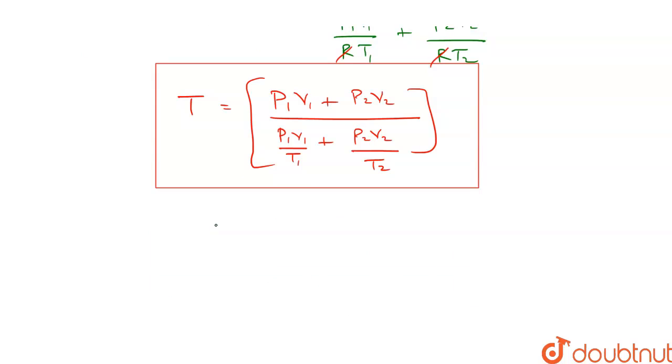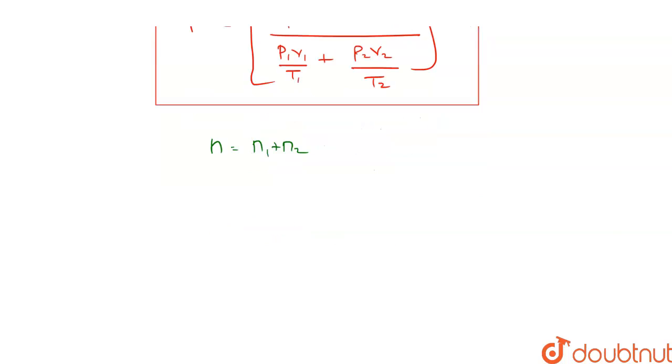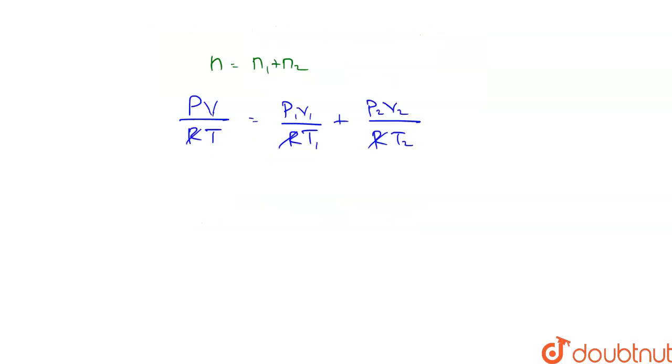Since the number of moles of gas is conserved, we can write n is equal to n1 plus n2. Now n can be written as PV by RT. n1 can be written as P1 V1 by RT1 plus n2 can be written as P2 V2 by RT2. R can be divided from both sides.